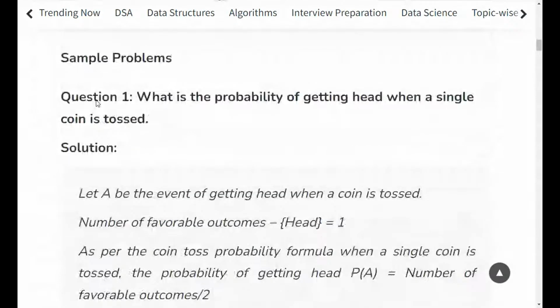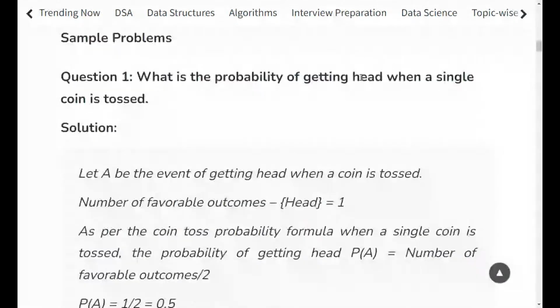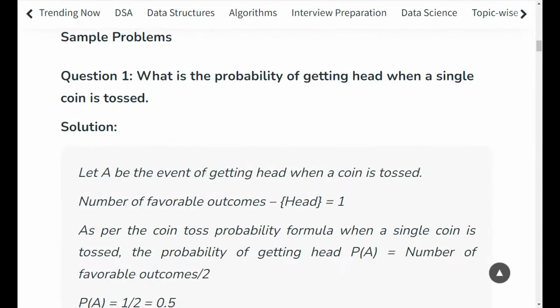So you have a problem statement. What is the probability of getting head when a single coin is tossed? 50%. 2 options there. Let A be the event of getting head. A will be designated as the head event.